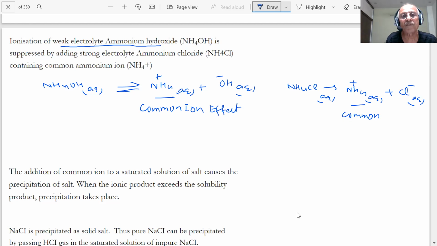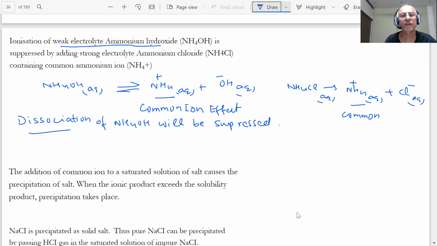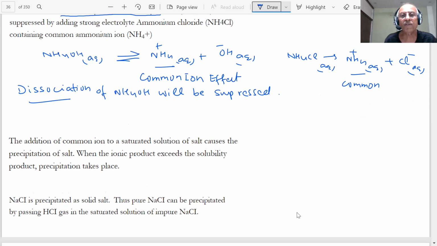And the result of this is that more of this will react to produce these, students. So the dissociation of ammonium hydroxide will be suppressed. Where are we using this in the chemistry lab?